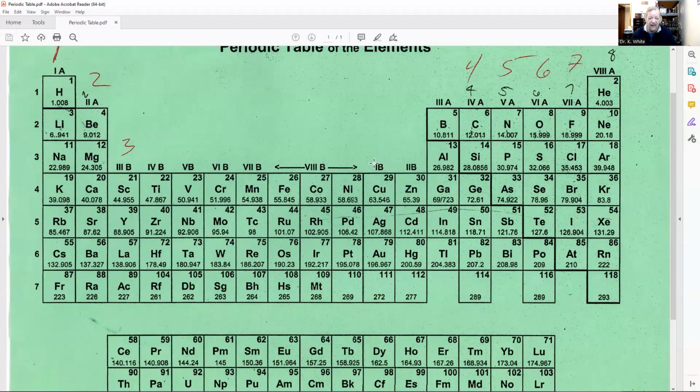And if we go to the end of this row, argon is 18, which is farther numerically. Neon is 2 away. Argon is 6 away. So neon is the closest noble gas.